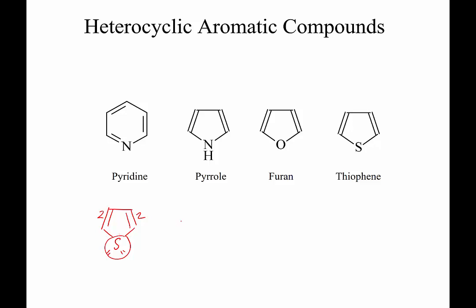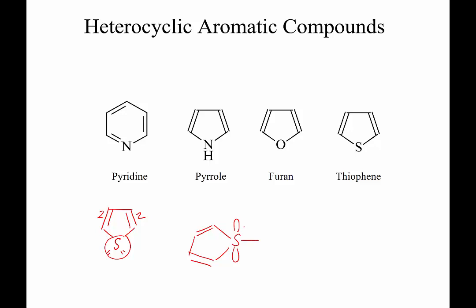If that sulfur is sp2 hybridized, then it will look like this. It will have a p orbital, and it will have a bond that way. And over here we've got the double bond, and then the other double bond.